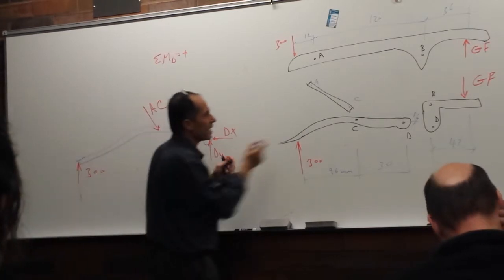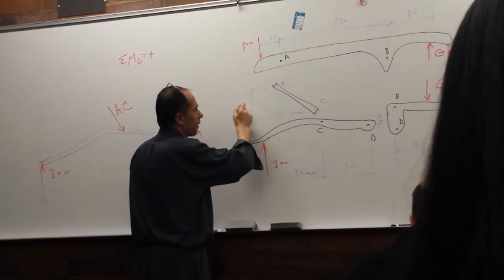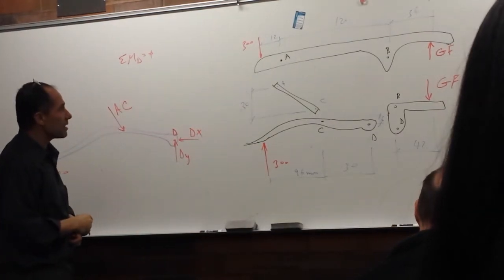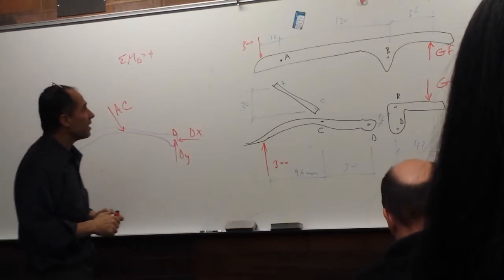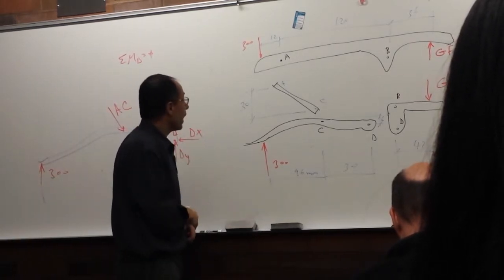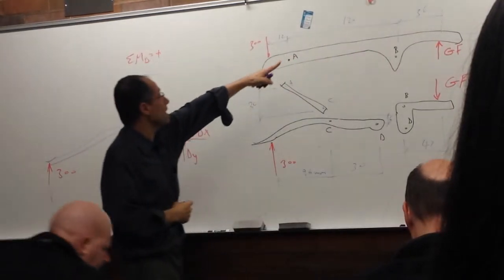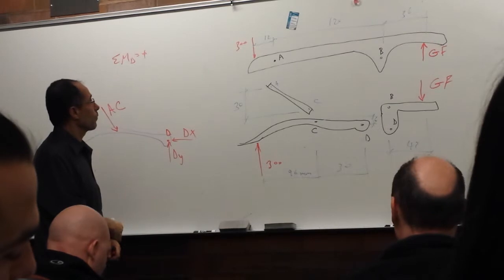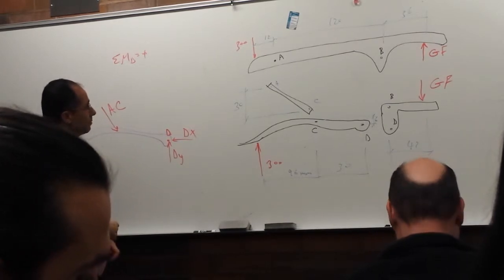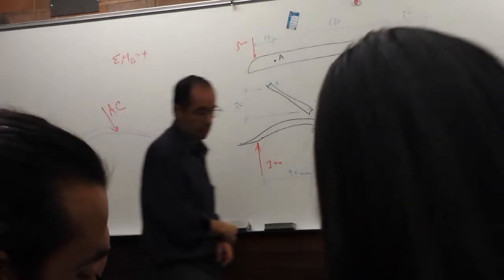This distance here is given in your book as how much? 30, correct? Yes. And this distance here from C to A is what? 84. Are these on the same line?